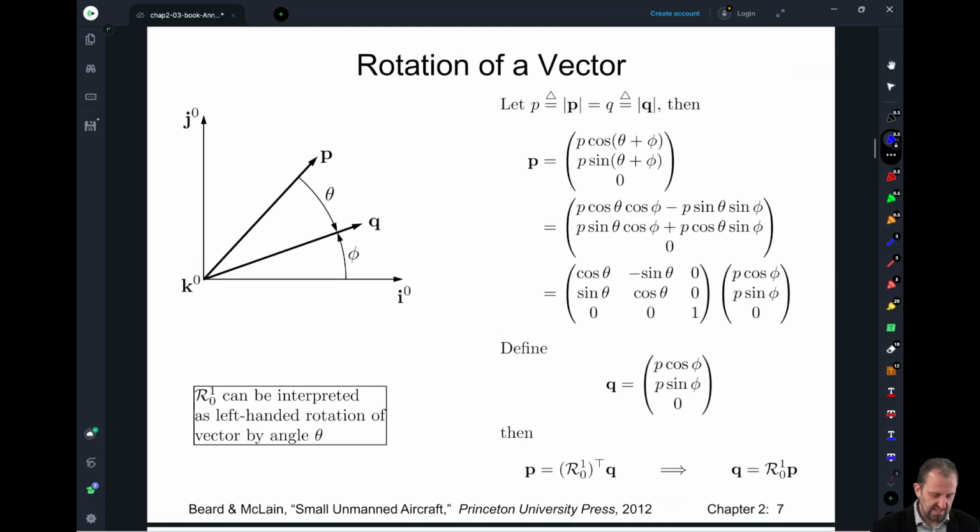So in this case, now we have P, and we want to move it by an angle theta. So we have our vector P that we've written, and we want to shift it down. So the goal is to shift P down to Q. So I keep saying point, but shift that vector down. And our coordinate frame stays the same.